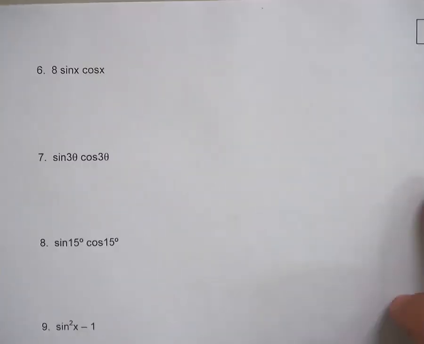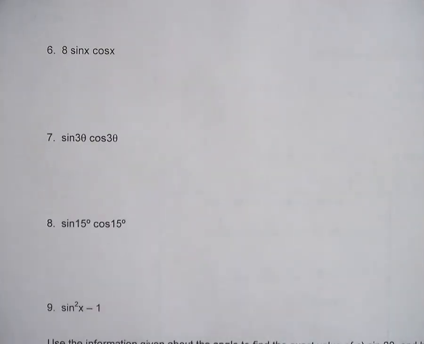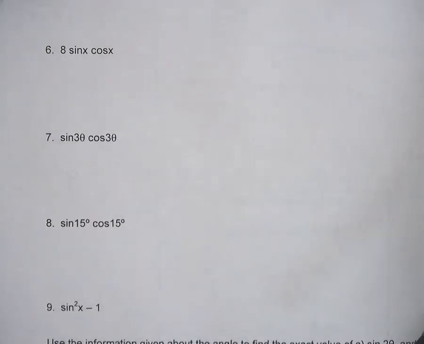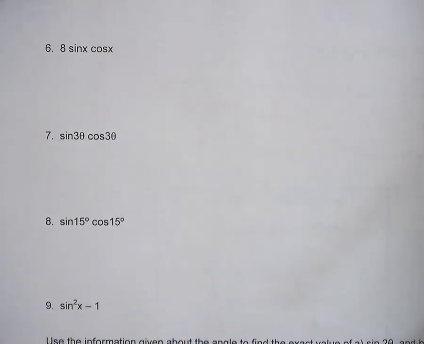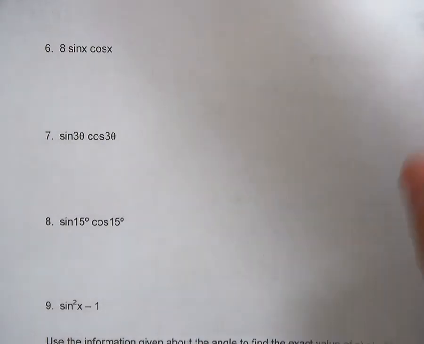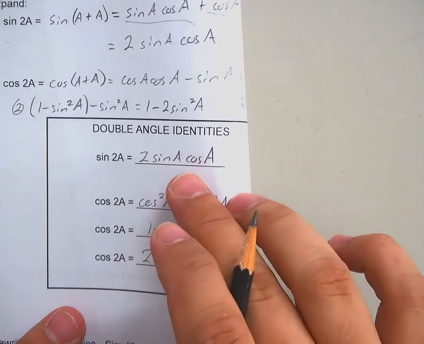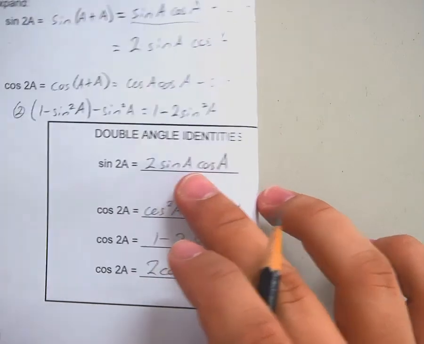All right, let's keep going. A lot of examples here. Good stuff. Number 6 says 8 sine x cosine x. Now this one's actually interesting because my formula is 2 sine a cosine a, but in this case I've got an 8.